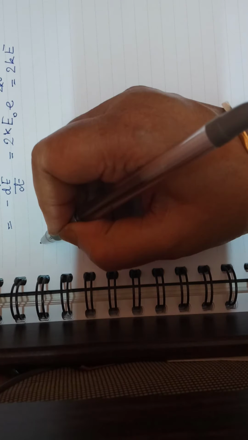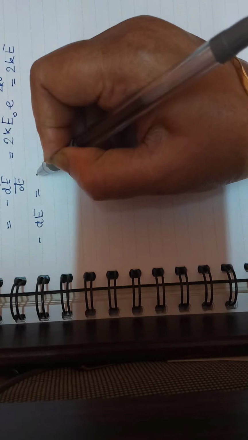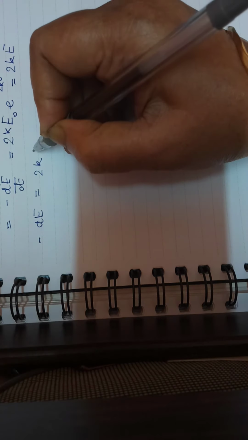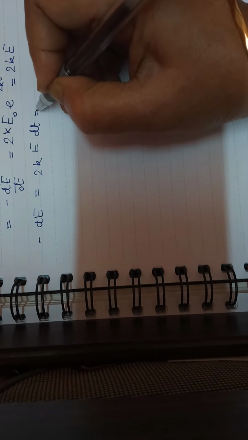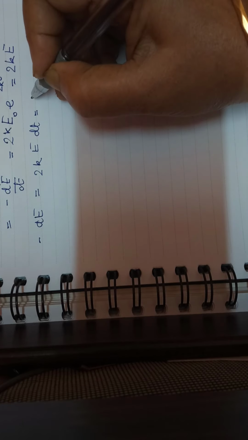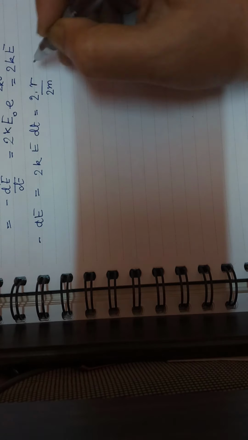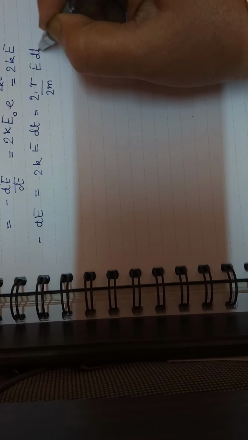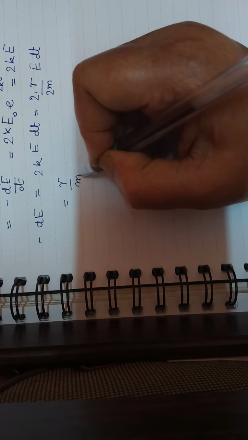So minus of dE is equal to twice KE dt. K is equal to R by twice M, so 2 into R by twice M E dt, which will be equal to R by M E dt.